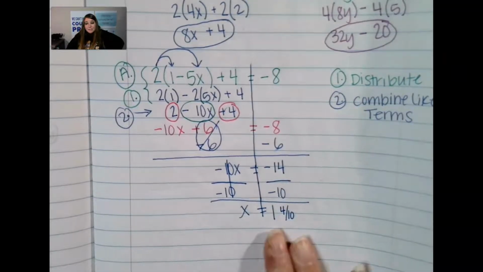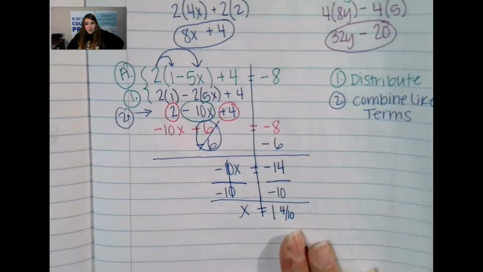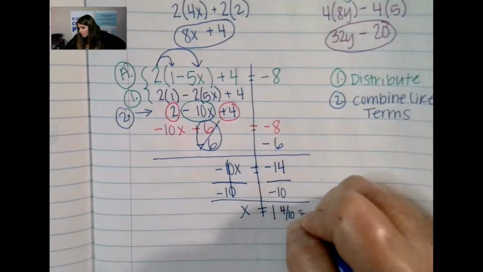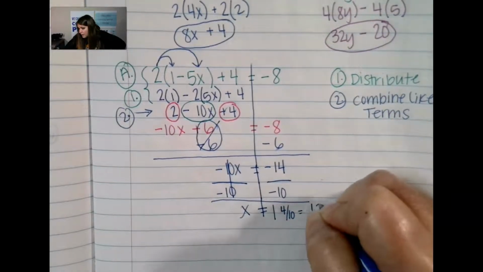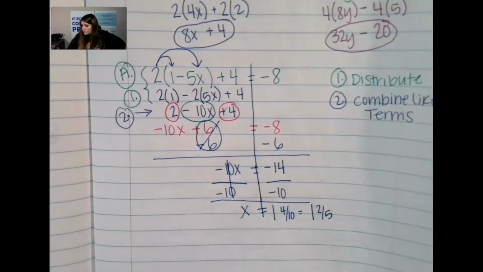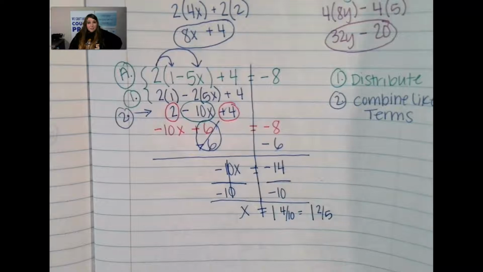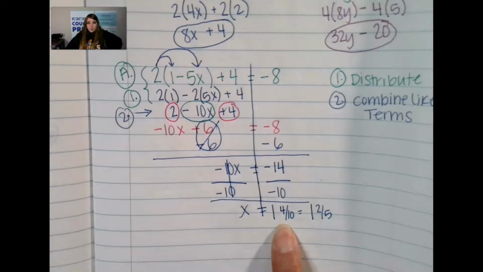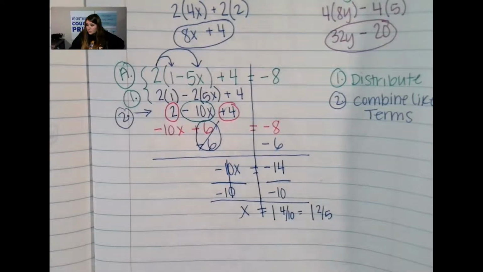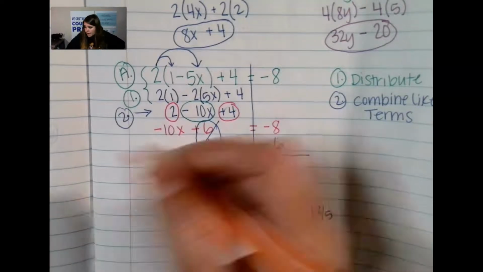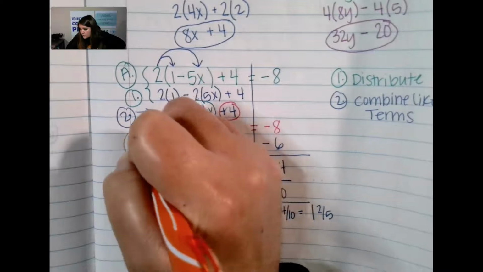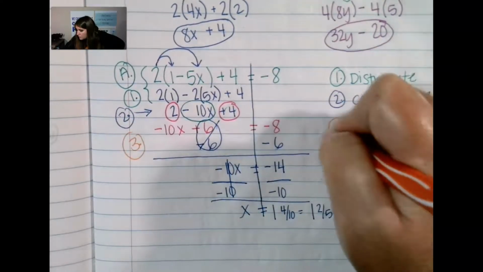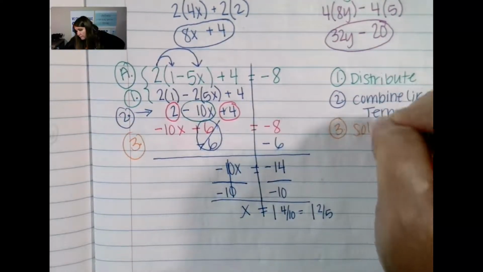And I can make this even smaller, right? I could simplify this down to 1 2/5. If you don't like fractions, turn it into a decimal: 1.4. Okay, so this gave us step 3 right here, which is solve the two-step.